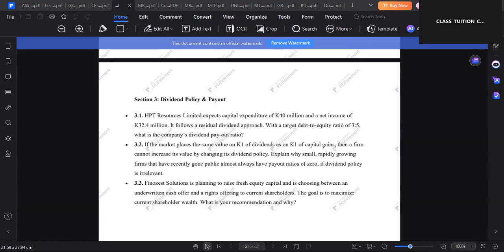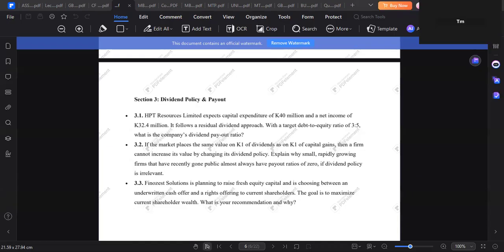Sources of finance, yeah. So what are the main sources of finance that a firm or an organization may have? We've got internal and external.